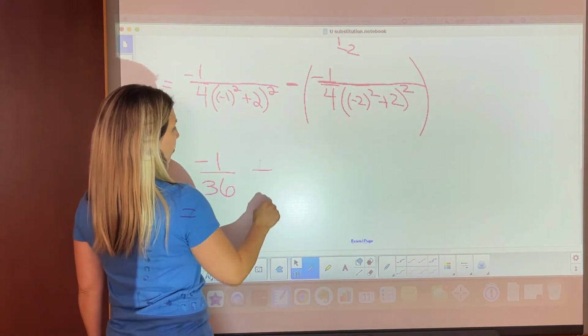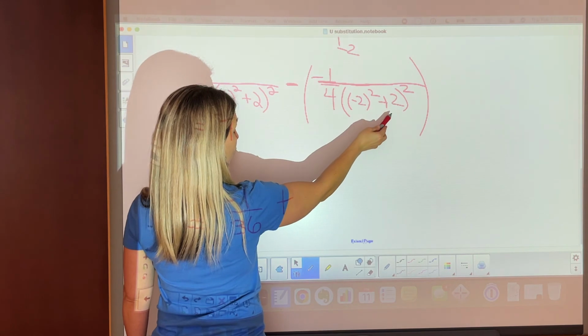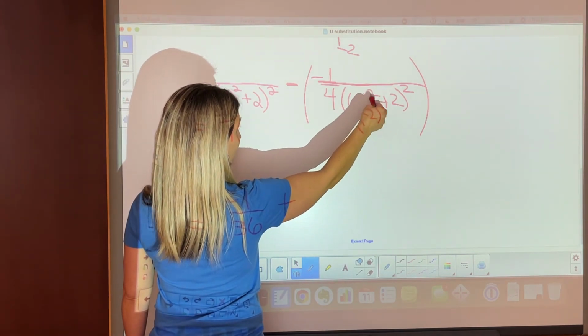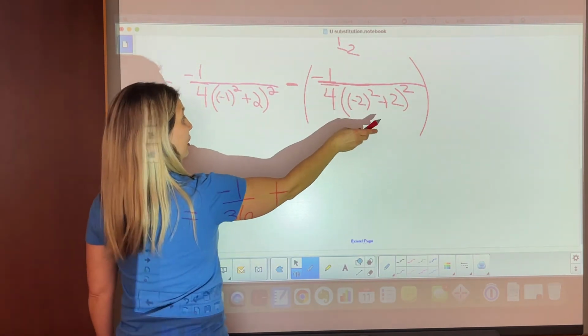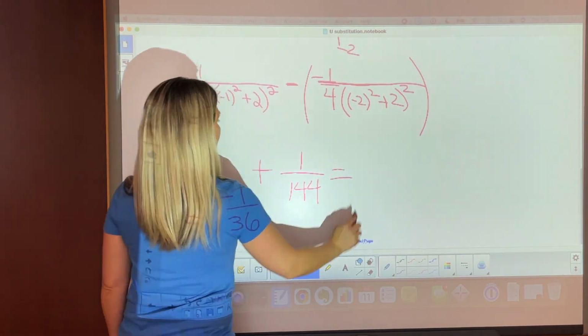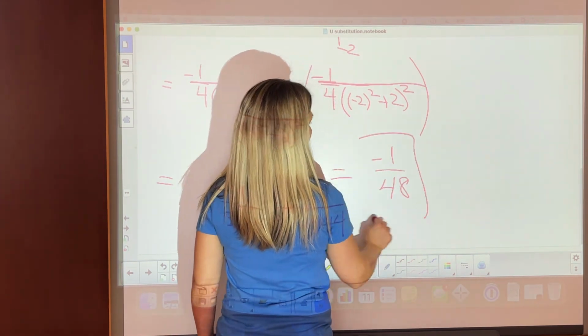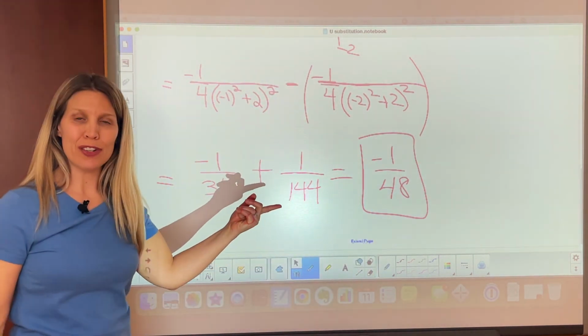Negative and negative makes that a positive. 2 squared is 4, plus 2 is 6. 6 squared is 36. 36 times 4 is actually 1 over 144. You can simplify this in your calculator or go ahead and simplify your fractions, but that would be your answer.